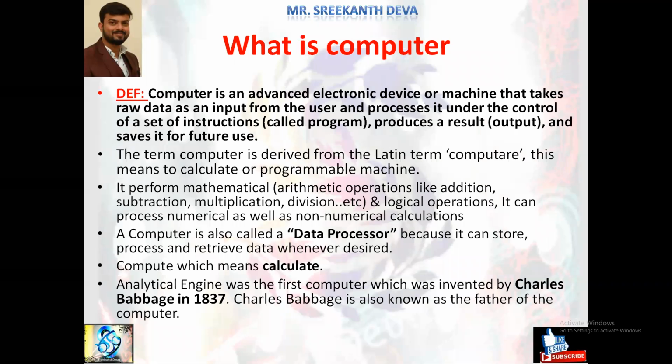We'll start with the first question. What is a computer? If anybody asks what a computer is, a computer is an advanced electronic device or machine that takes raw data as an input from the user and processes it under the control of a set of instructions called programs, produces a result as output, and saves it for future use.